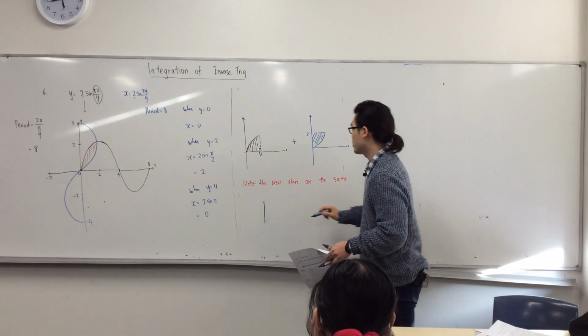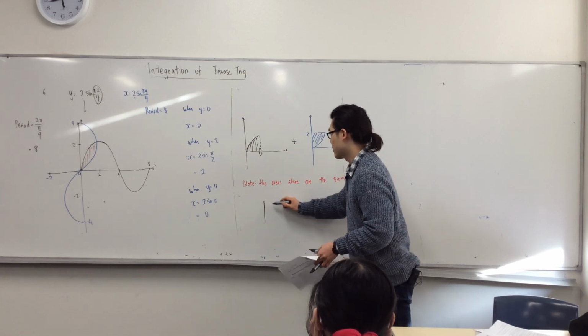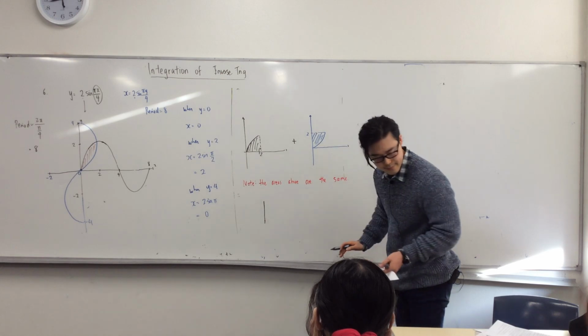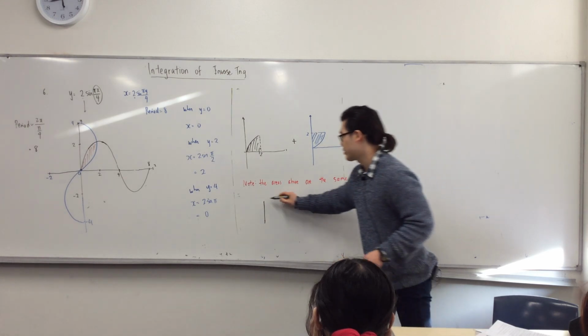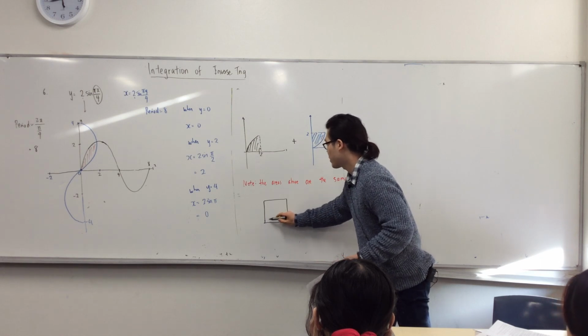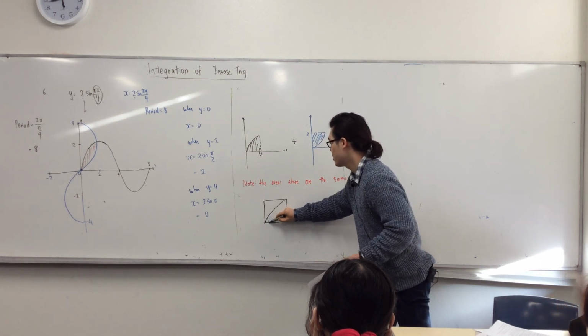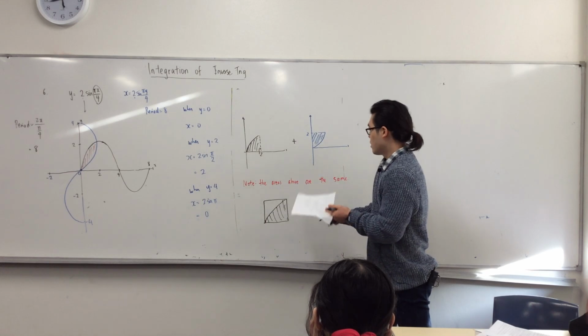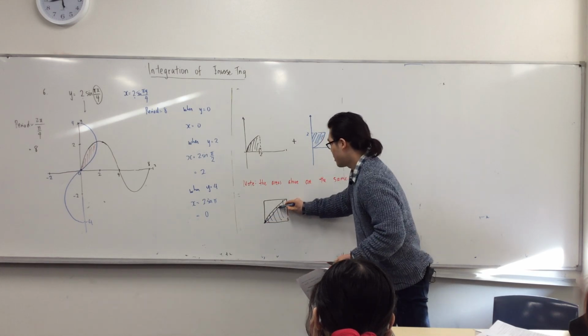How do I draw this? Hold on. Let me do it in red. No, I'll just do it in black. You're actually going to get the area of a rectangle because you're getting the area from here, and then you're getting the area from here.